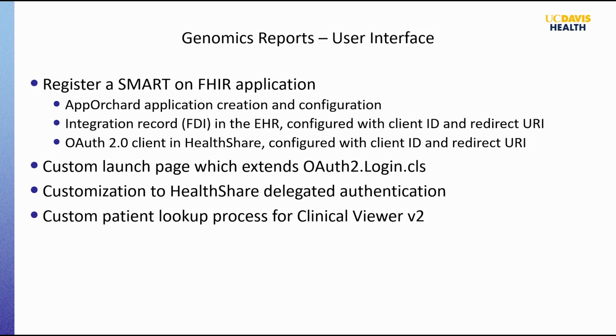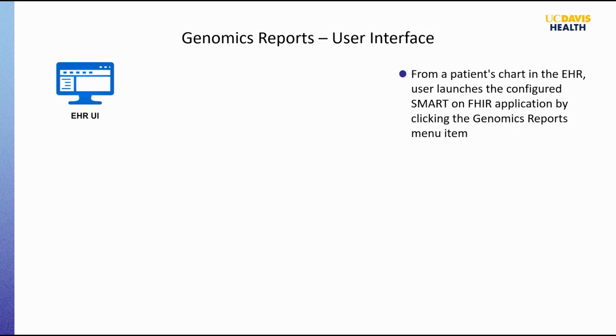Now we have customizations that were done. So we did a custom launch page which extends OAuth2 login, that class. And we have customization for HealthShare delegated authentication. And we have a patient lookup process that's customized as well for the clinical viewer version 2. So let's take a look at that scenario.